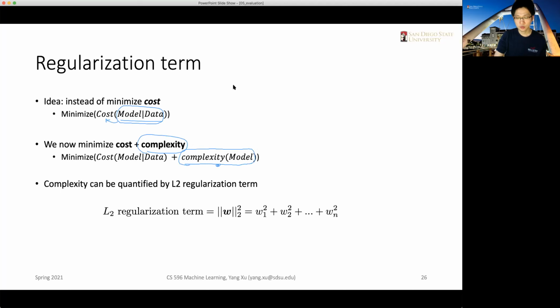So what we do in practice is to use the L2 regularization term. Remember the L2, right? We use the L2 error to measure the distance between the outputs of a regression model and the actual label. But now the L2 is not applied to the prediction outputs, but to the parameters, the W's.